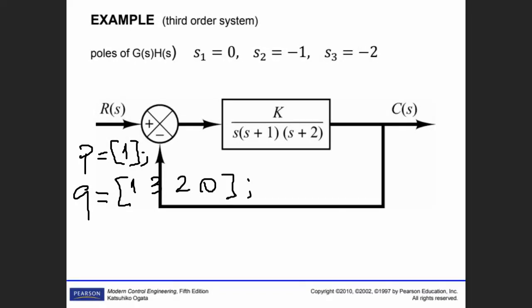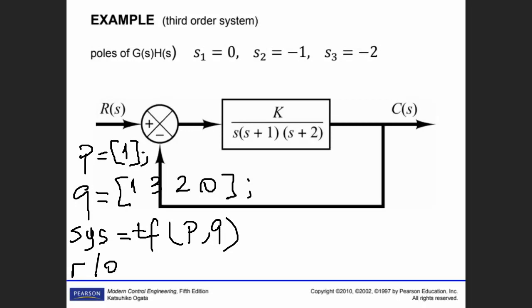You control it later, okay? System equal transfer function PQ, then root locus system.